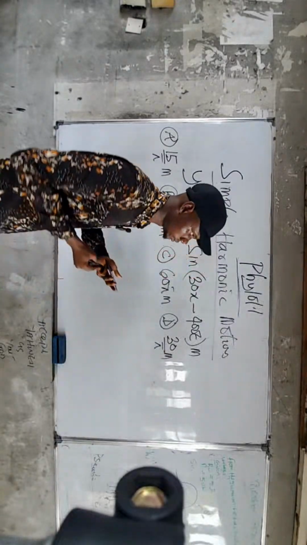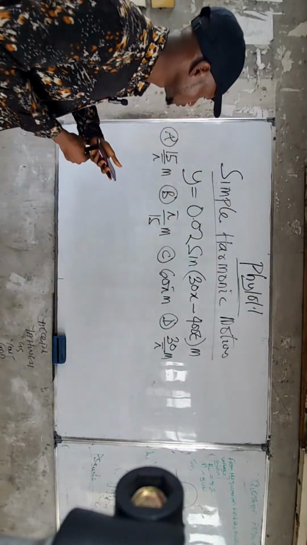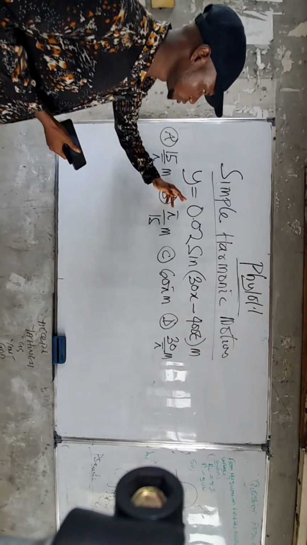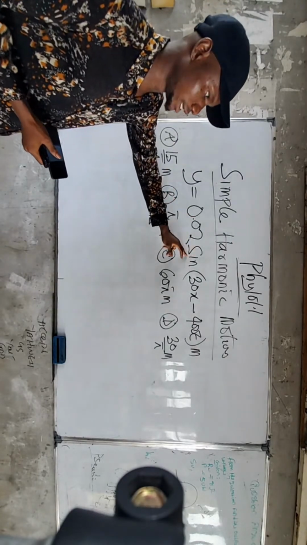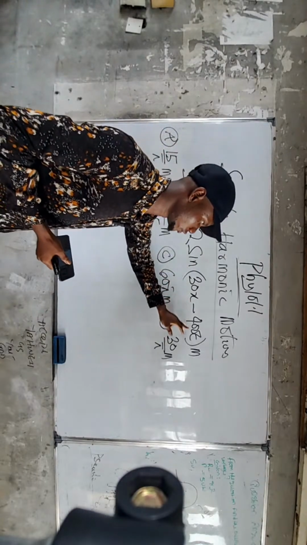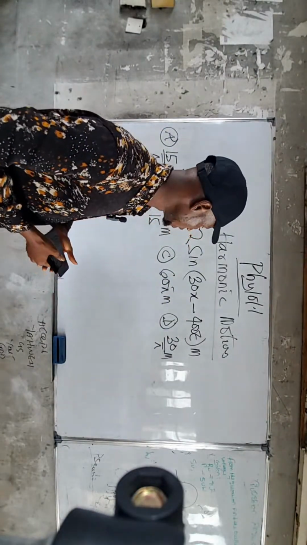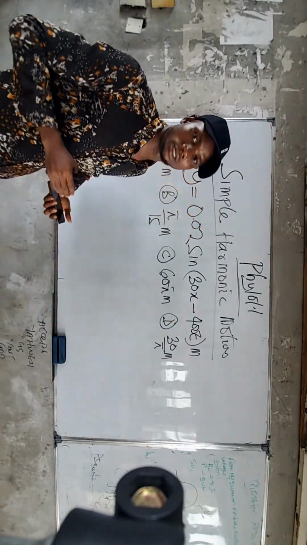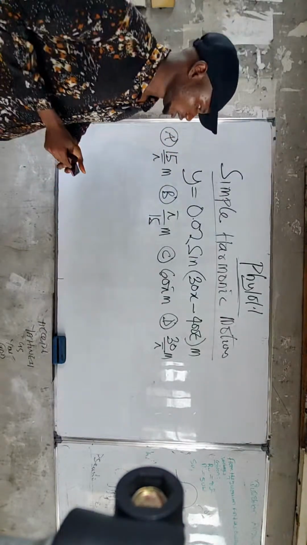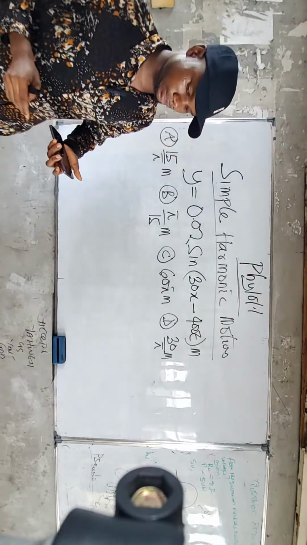Okay, you can write, please. If y is equal to 0.02 sine into (30x minus 400t) meters, we should find the wavelength, and these are the options here. Please can write.